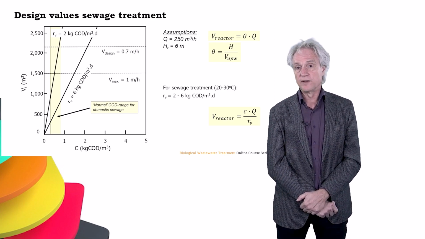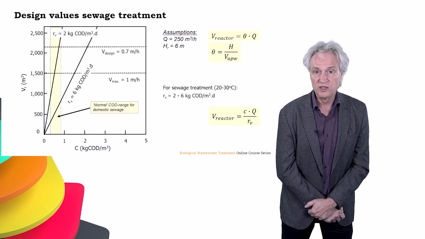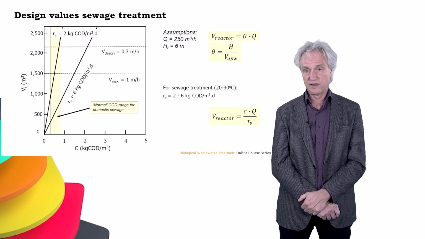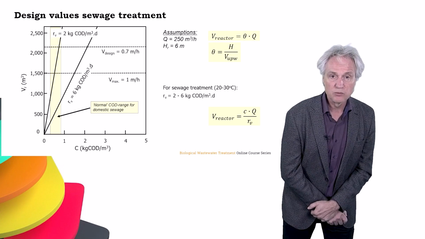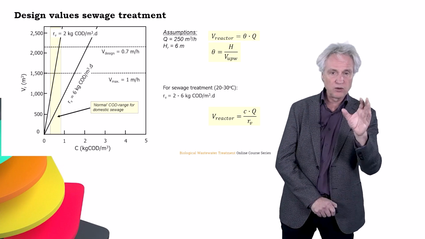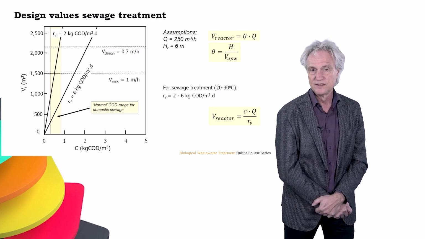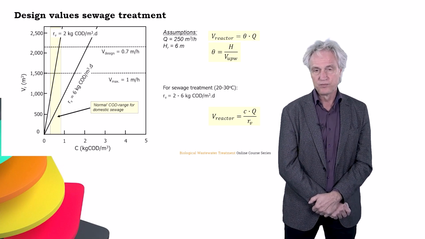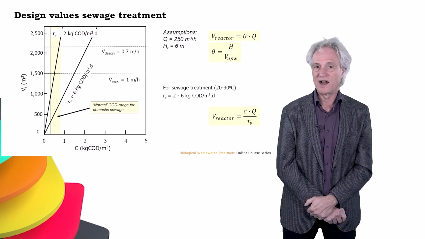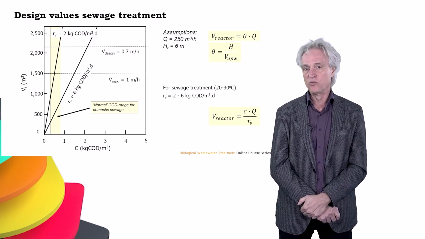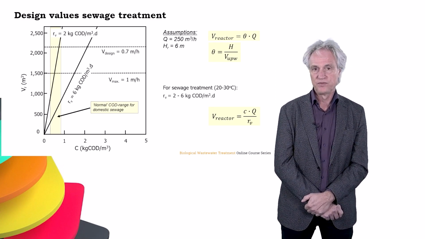Now, for the other loading rate of 2 kilograms COD per cubic meter per day at a temperature of 20 degrees Celsius, you only see that with a very concentrated sewage of about 800 milligram per liter, the volume calculated by the organic conversion capacity is a little bit higher than the volumes at 0.7 and 1 meter per hour.